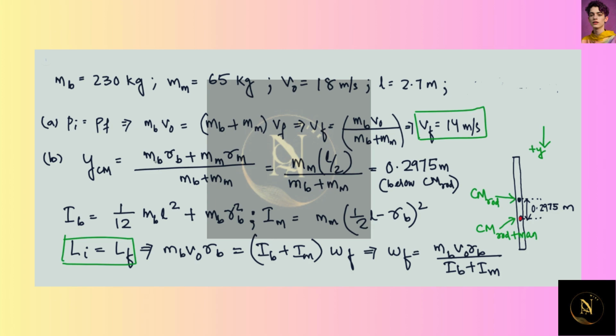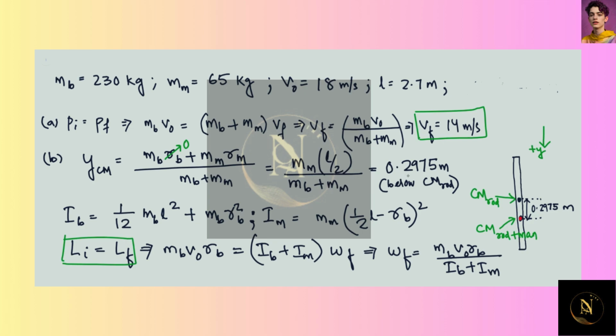So b basically means beam and m stands for man. Now r_b is 0 because it's at the center. So now we have m_m times r_m, and r_m is basically L over 2, and in the denominator we have m_b plus m_m.